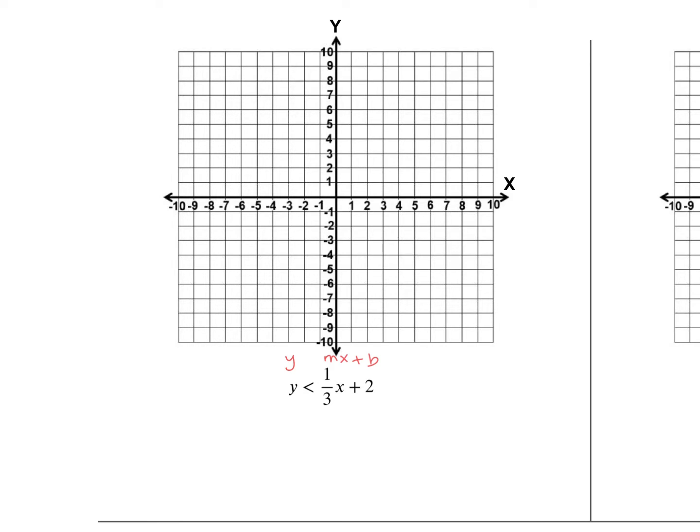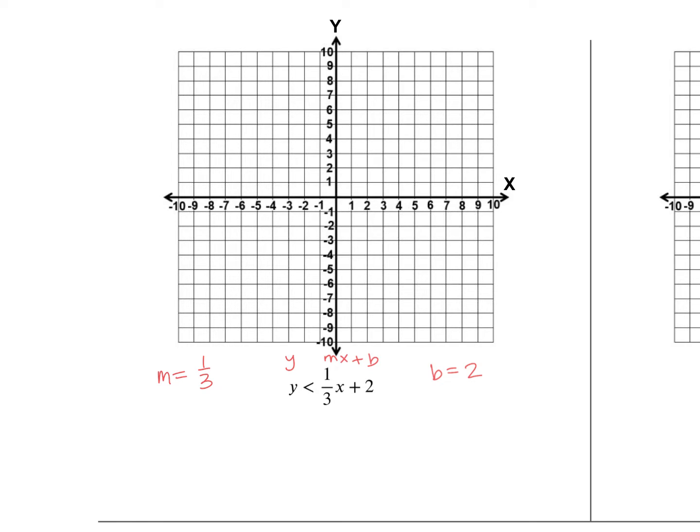When we look at this, we want to know what m is, and m is 1/3. Our b, which I'll write over here, is going to be 2. So we use this information in order to put this inequality on our graph.